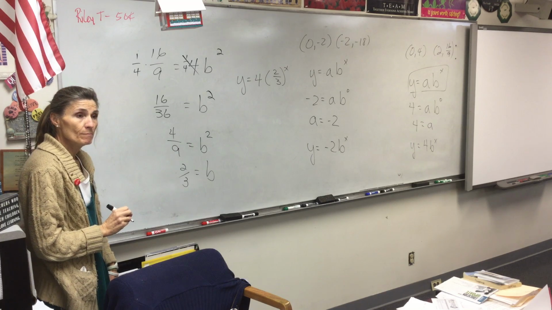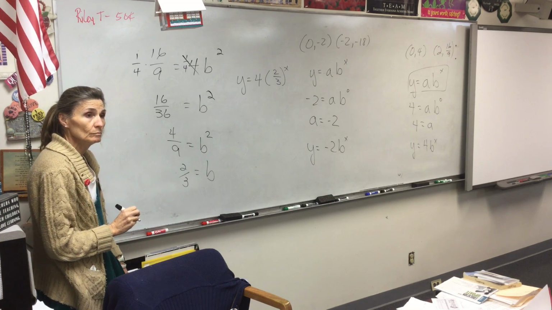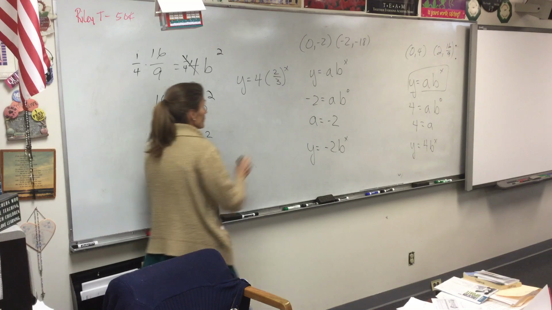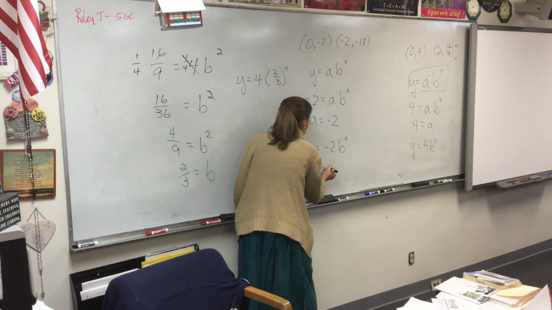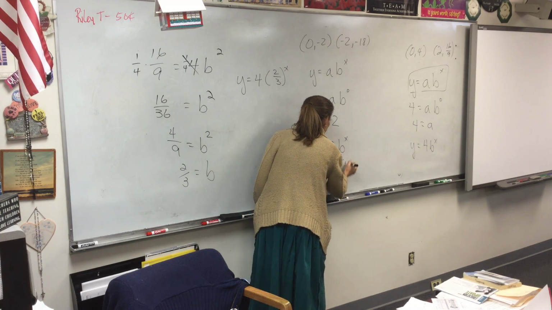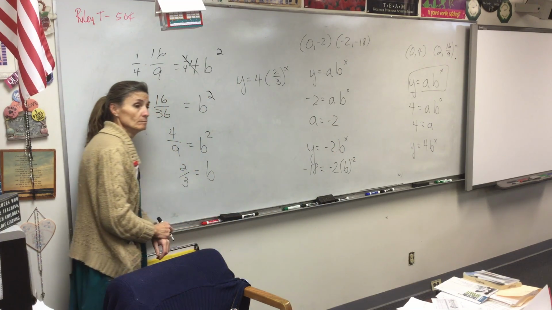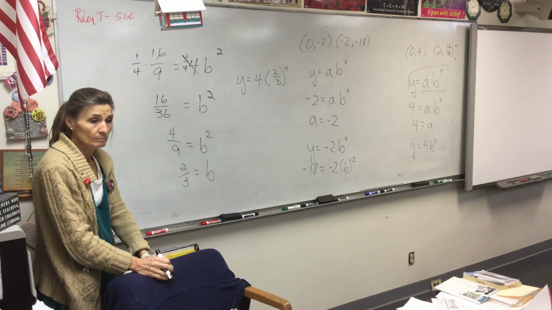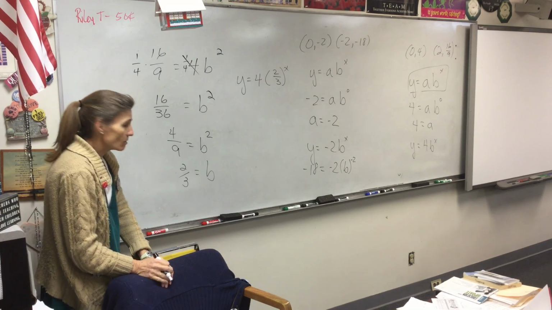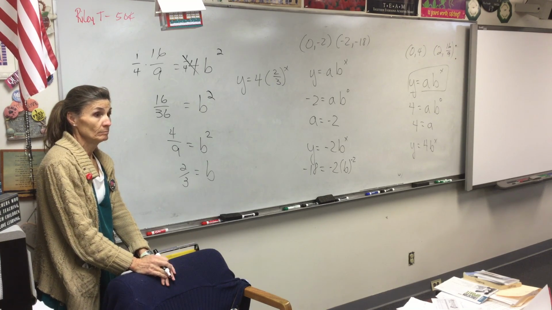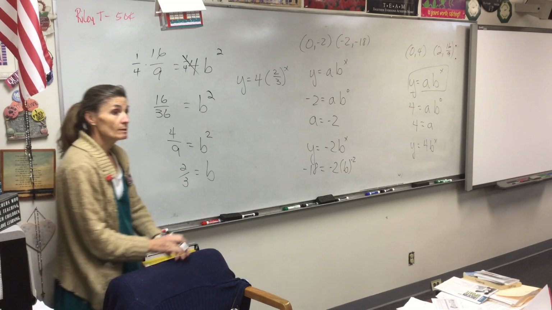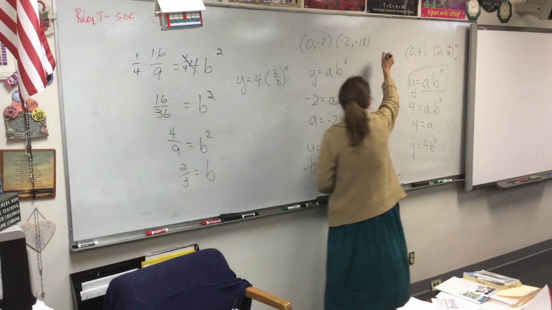Now what? -18 equals -2 times b to the -2. How do I solve that? Divide by -2.